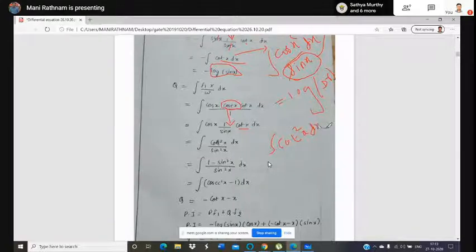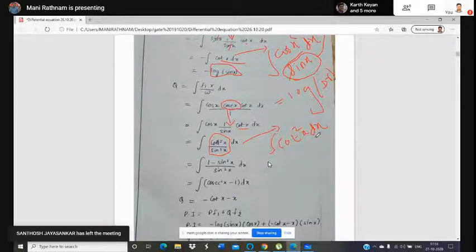We have the resultant formula for the integration of cot x, but here it is the integration of cot square x. So cos square x by sin square x can be written as the integration of cot square x. The integration of cot x only we can represent as log of sin x. So here we have to use some trigonometric formulas to get a simple function.